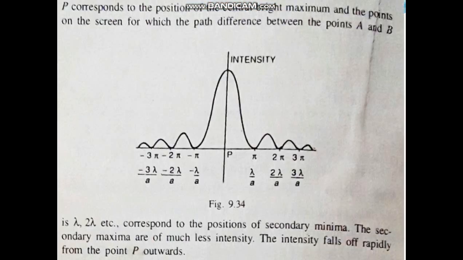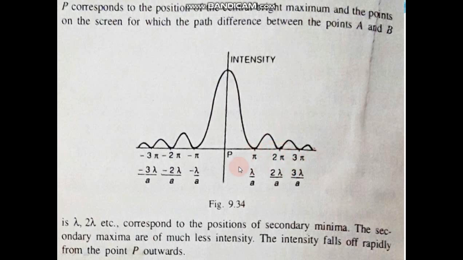From this diagram, the point P corresponds to the position of the central bright maximum, and the points on the screen at which the path difference between the points A and B is lambda, 2 lambda, etc. are the secondary minima positions.